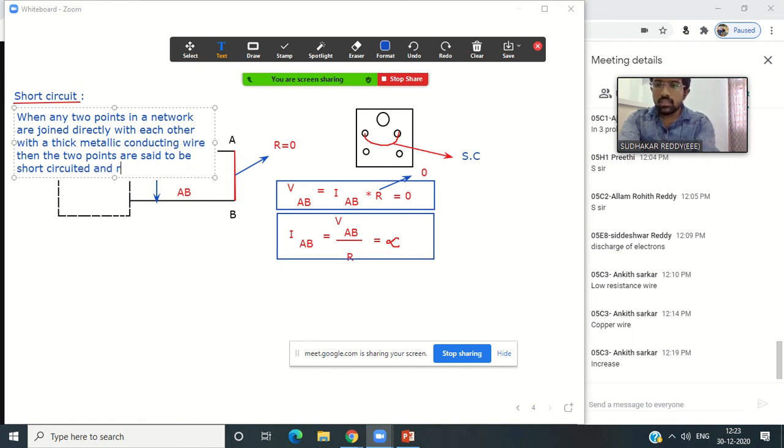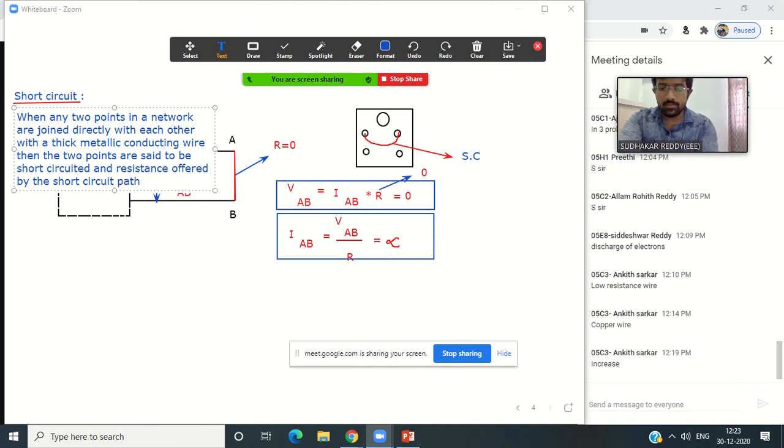And the resistance offered by the short circuit path is how much? Ideally speaking, 0. Good. The resistance offered by the short circuit path is 0.